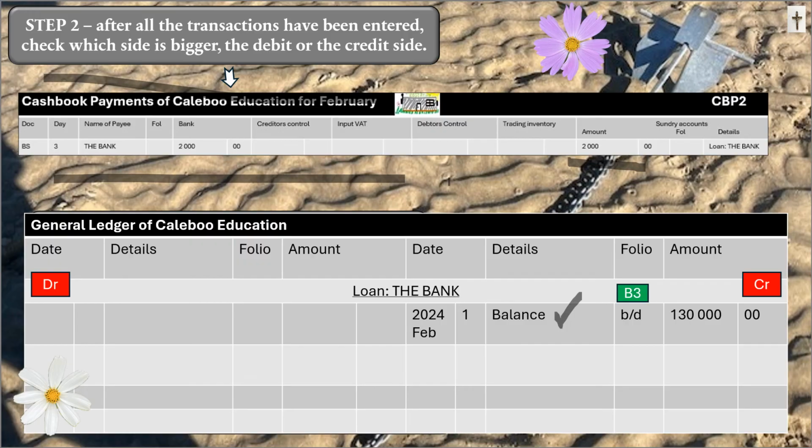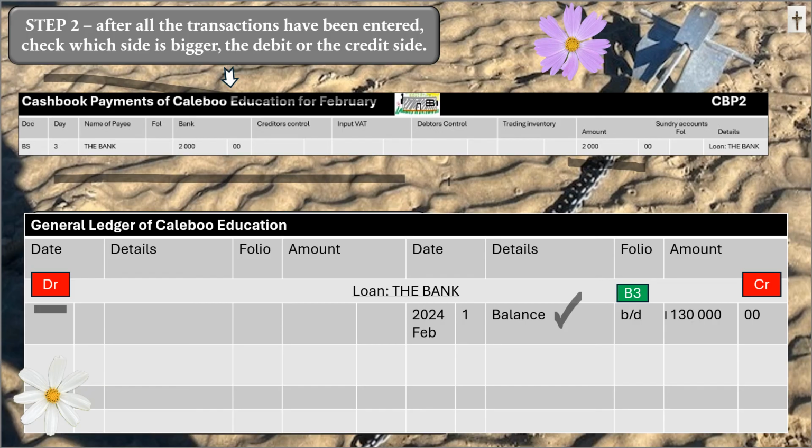Now if we pay back a loan, the amount of money that we owe, at this stage 130,000, is going to get smaller because we're paying off the loan. The liability is going to decrease. A decrease in liabilities, the rule says, go and debit the account.